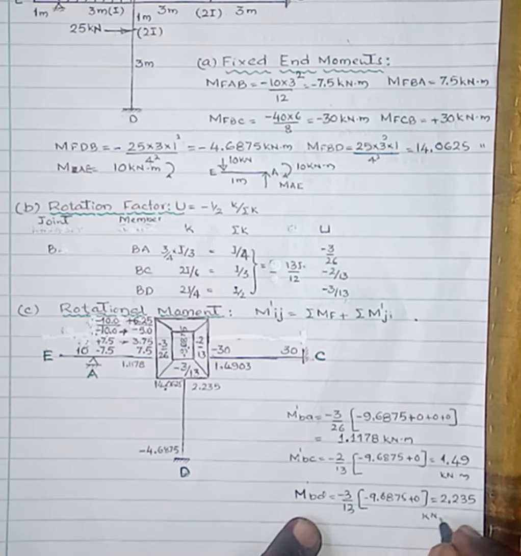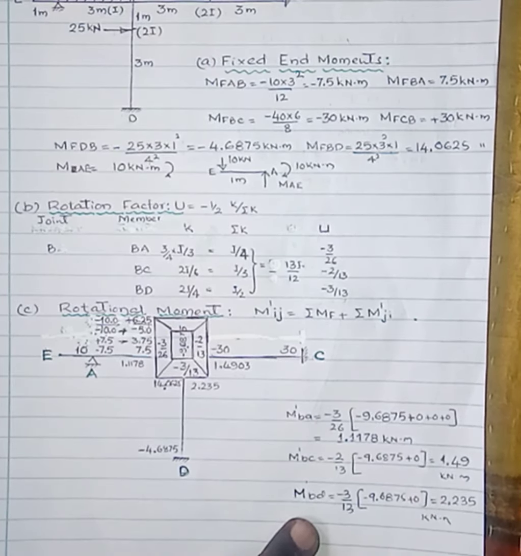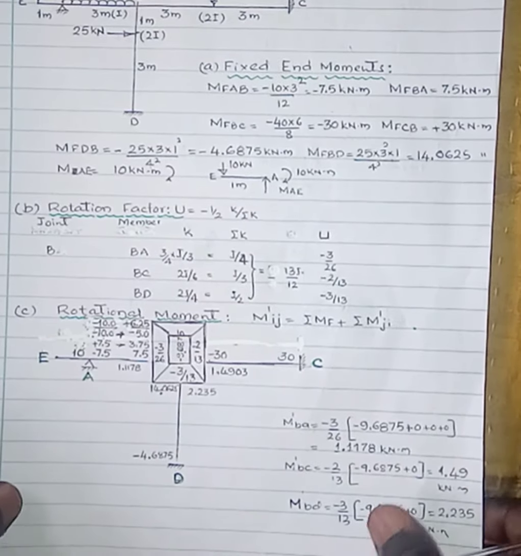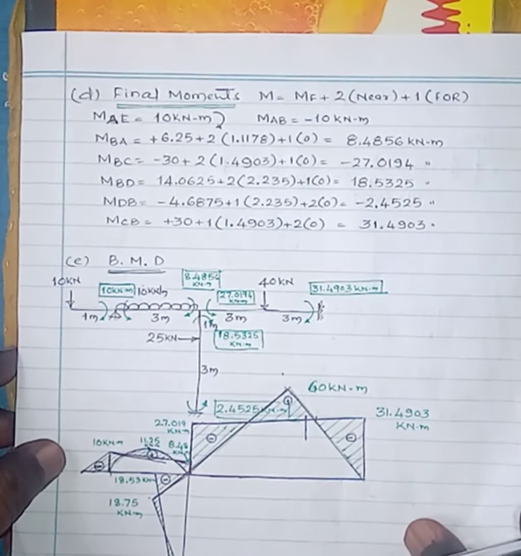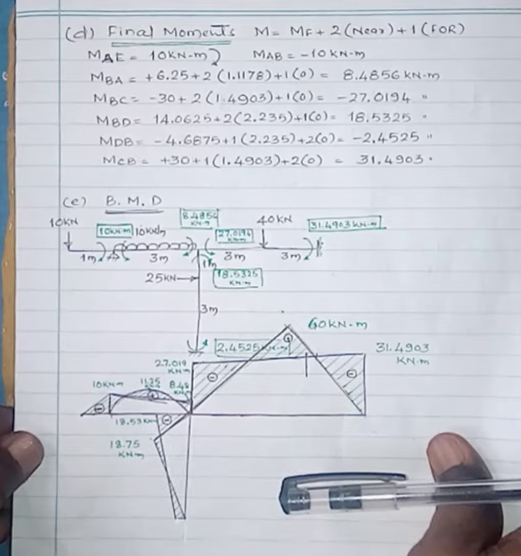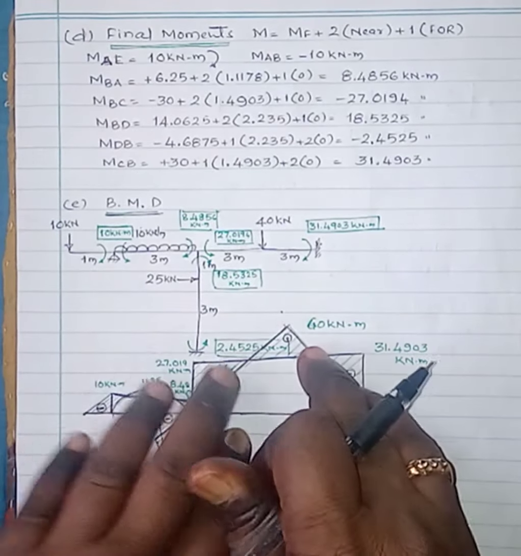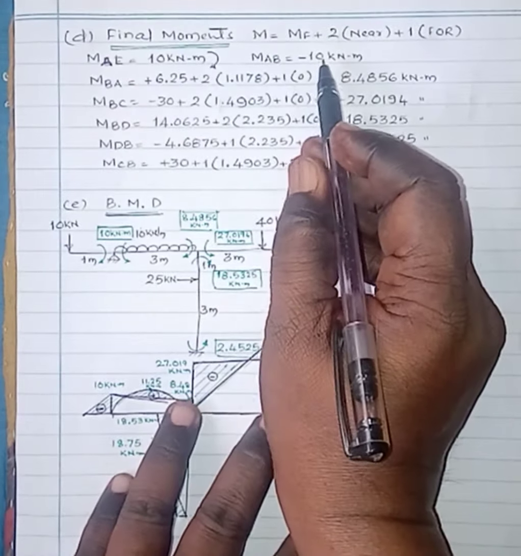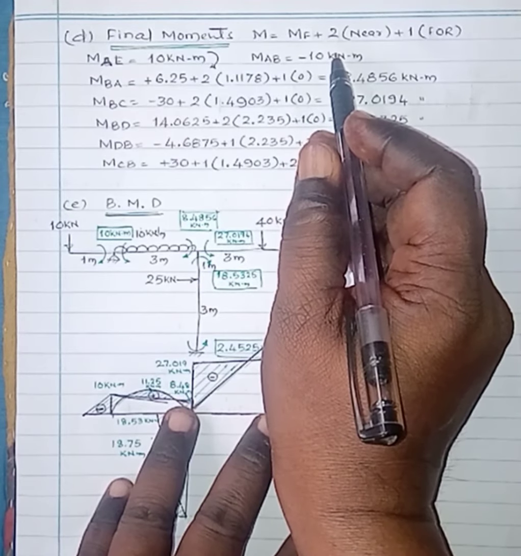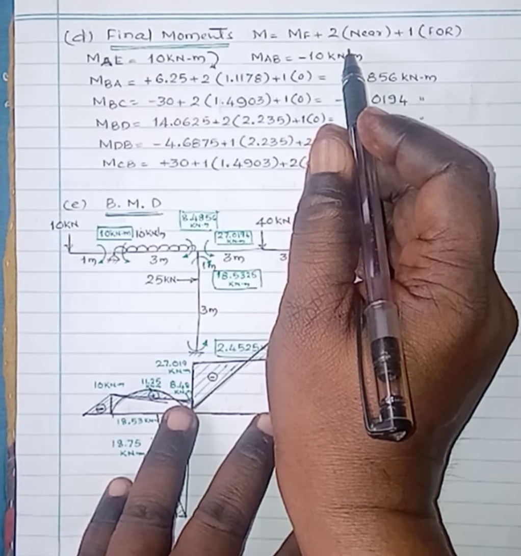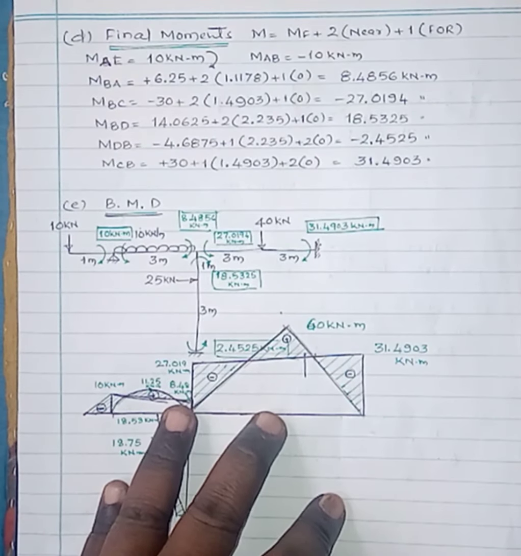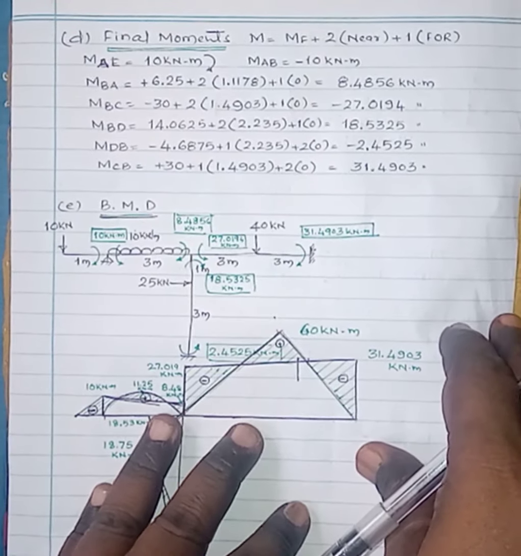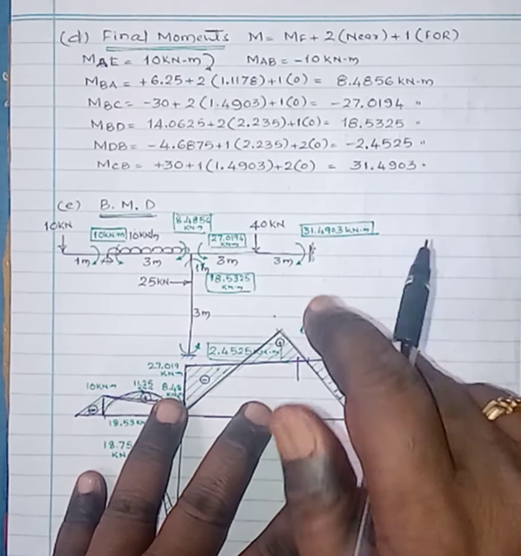Then here, after getting the rotational moment, now we are able to calculate the final moments. The final moments are given by M equals MF plus twice the near end moment contribution plus 1 times the far end rotational contribution.